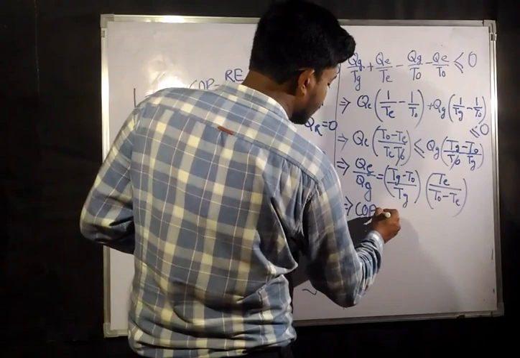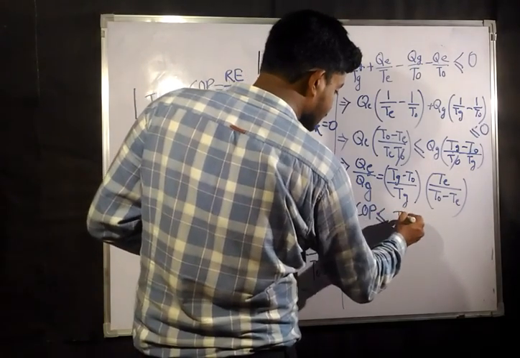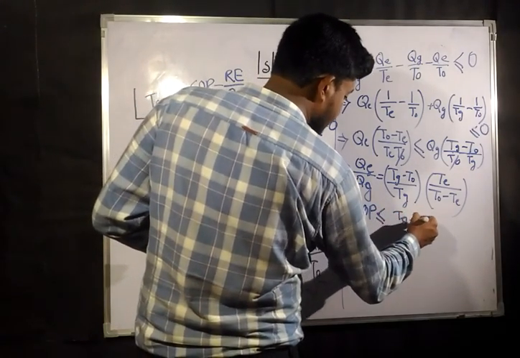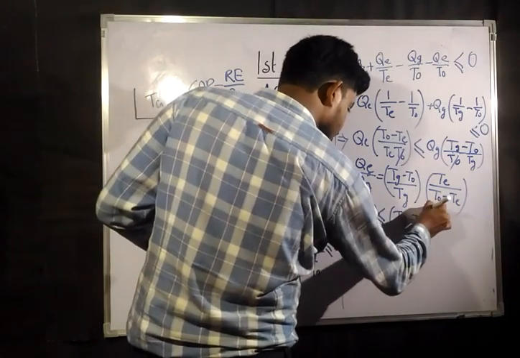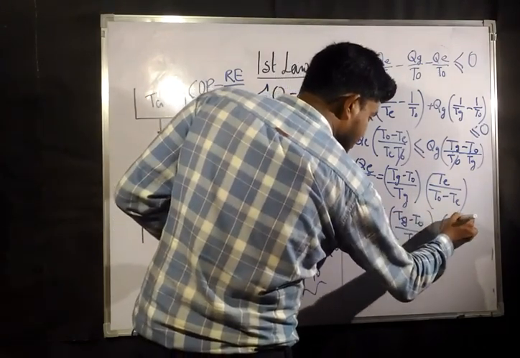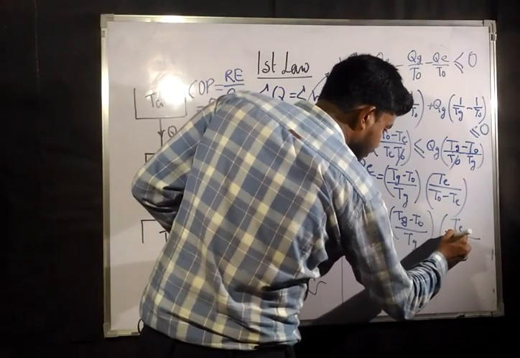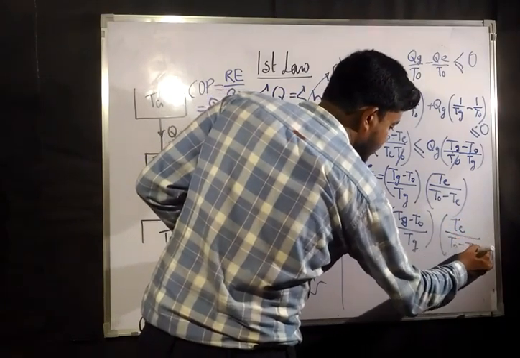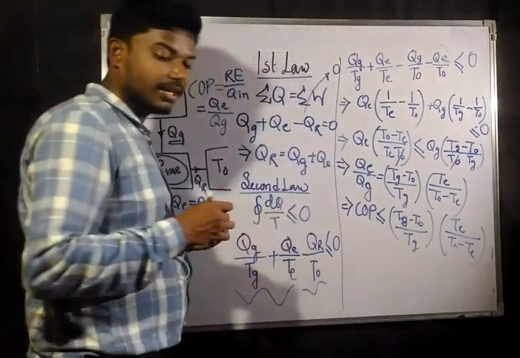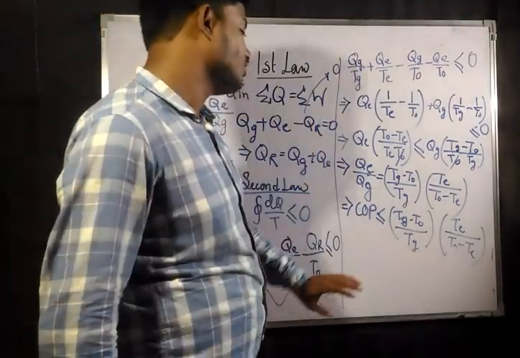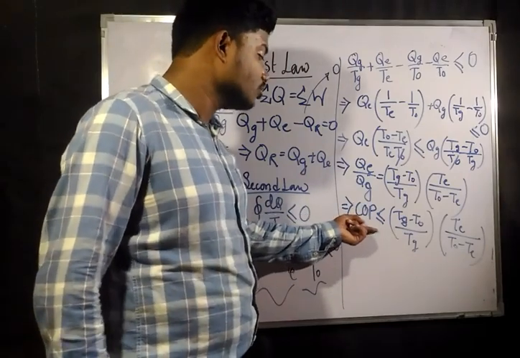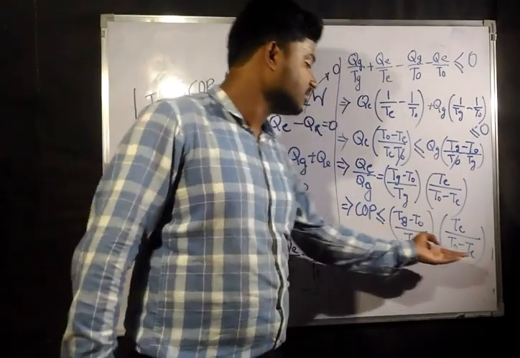So COP is less than or equal to Tg minus T0 divided by Tg, and Te divided by T0 minus Te. So this is going to be your COP. Now they are saying that COP is less than or equal to this term.